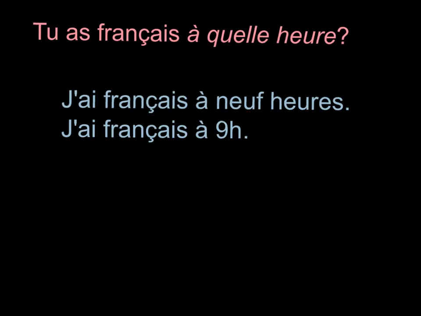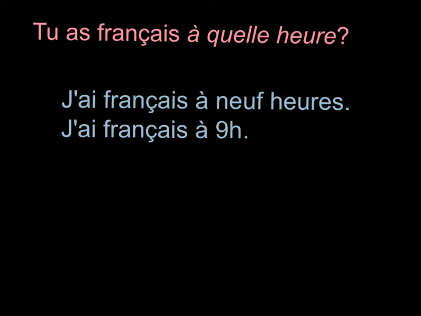Okay? So you include à, the number that the hour is at, so 9. And then you have to include heure. You have to say heure. In English, we can just say, I have French at 9. In France, they have to say, I have French at 9 o'clock, at 9 hours.